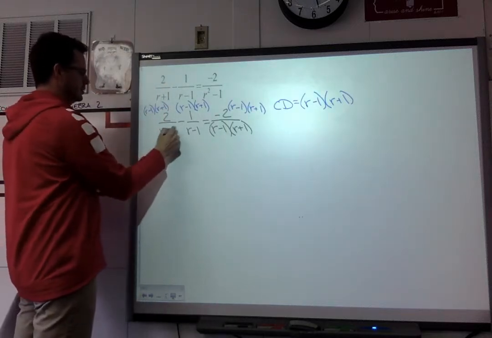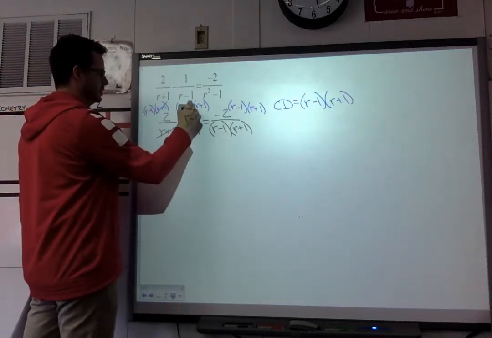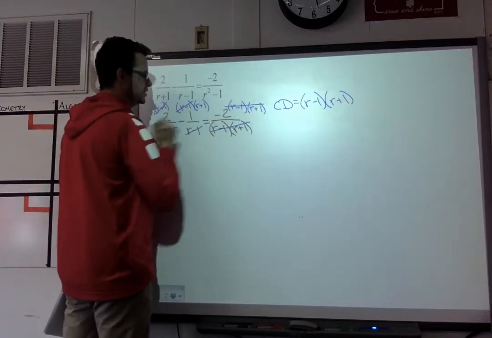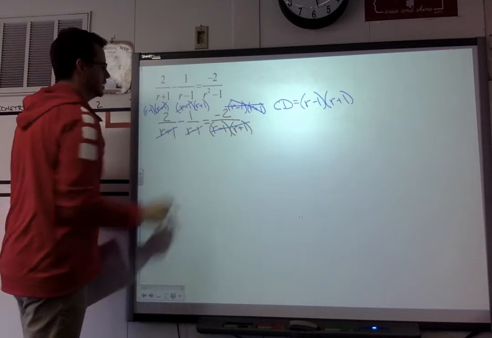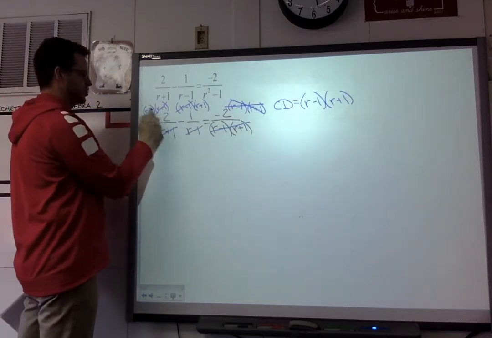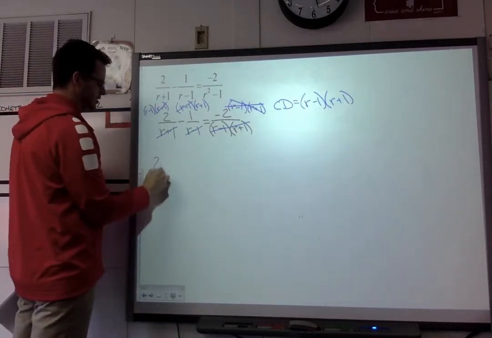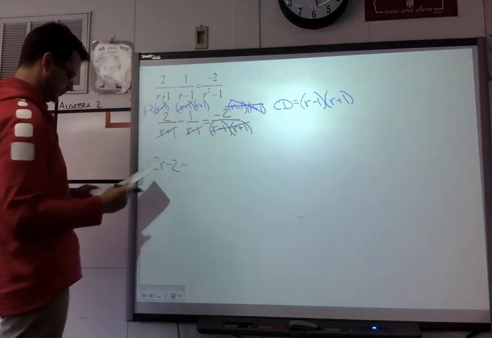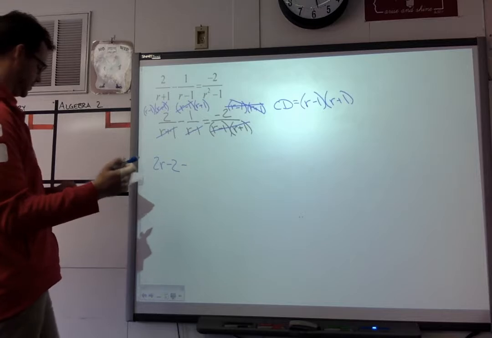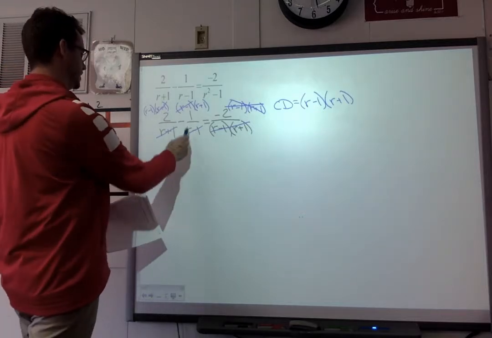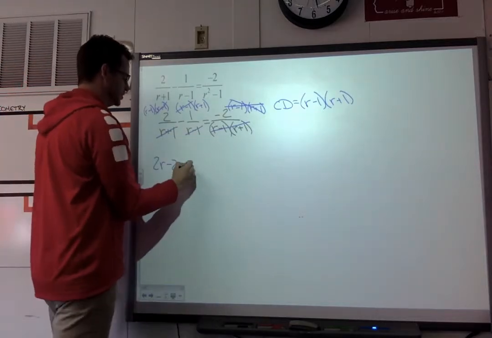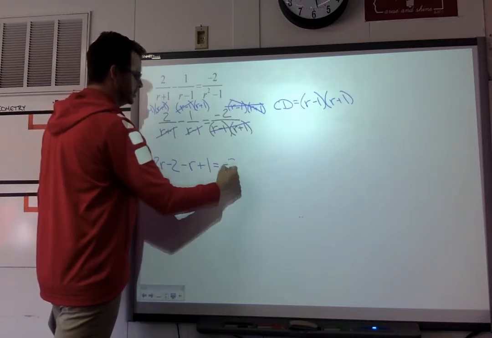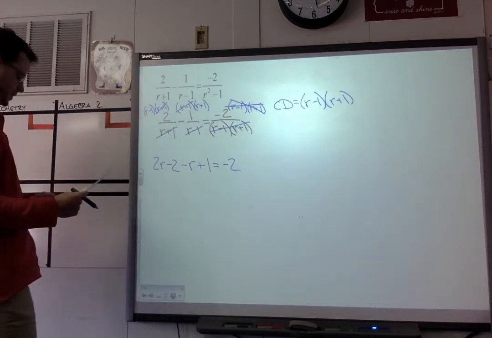So we're going to multiply each term by that. So over here, the r plus 1's cancel. Second term, r minus 1's cancel. And in the third term, it all cancels. So we are left with 2 times r minus 1, which would give us 2r minus 2, minus, let's see, in this case, 1 times r plus 1, so minus r plus 1, and it's all going to be equal to negative 2.